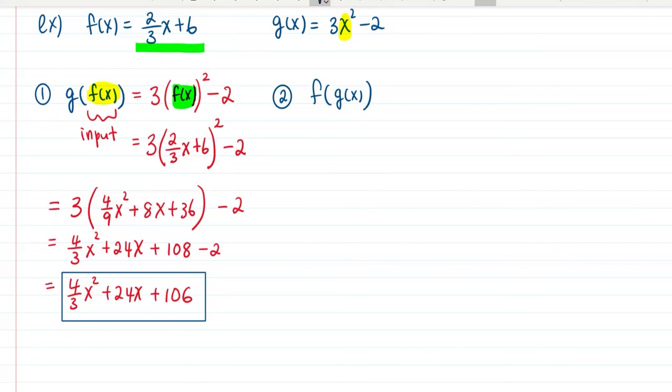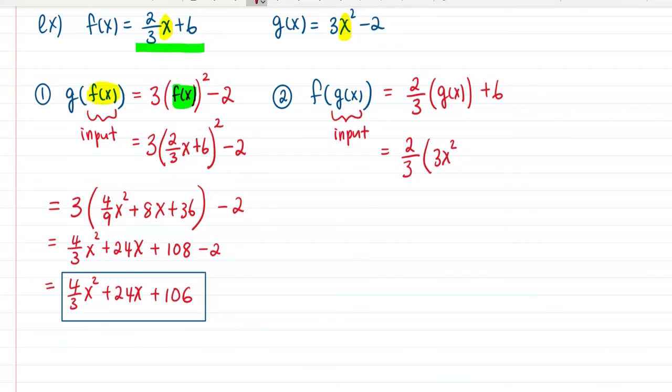Let's try the f of g of x this time. So this time the input is g of x. And we're going to replace the g of x into the f of x. This is where we're replacing this time. 2 over 3 times g of x plus 6. 2 over 3 times 3x squared minus 2, plus 6.